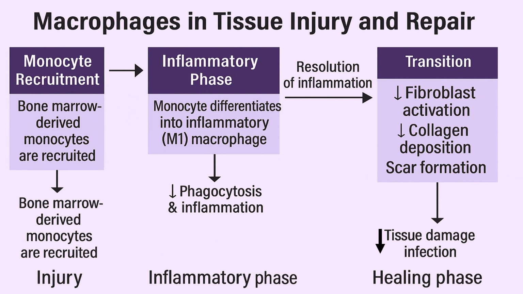Here the role of macrophages is summarized. The macrophages are recruited to the site of the injury. They are bone marrow derived, they can be tissue resident macrophages or bone marrow derived macrophages.